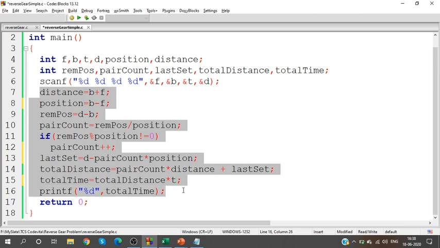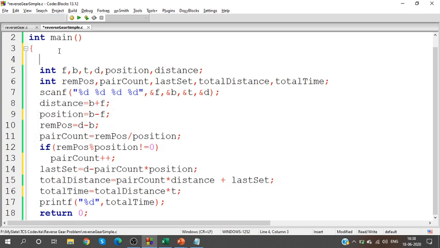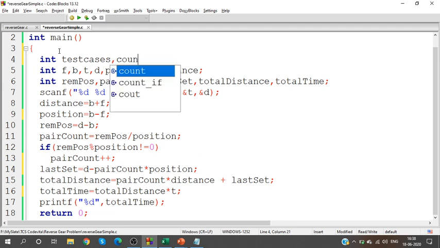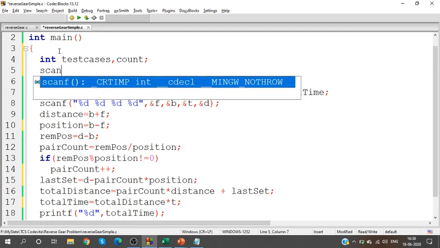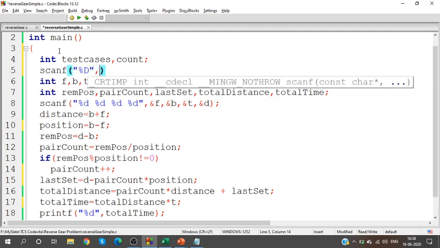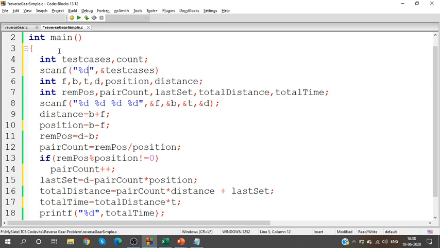Okay. Now if you recollect the question, they said it is not going to be only one scenario. They might give you multiple scenarios. So get the number of test cases and repeat the process based on the number of test cases.